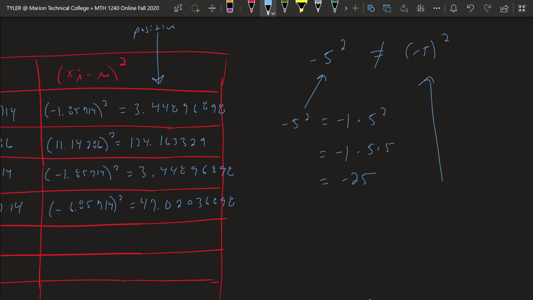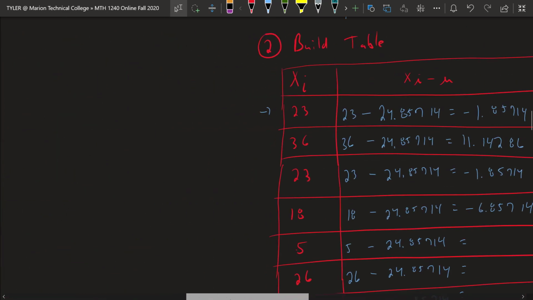Where if we focus in on this right side, when I have the quantity negative 5 squared, that's equal to negative 5 times negative 5, which is positive 25, right? So those are different things. So make sure you're using your parentheses correctly when you're squaring.